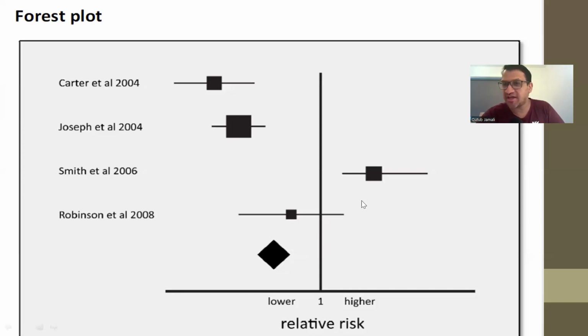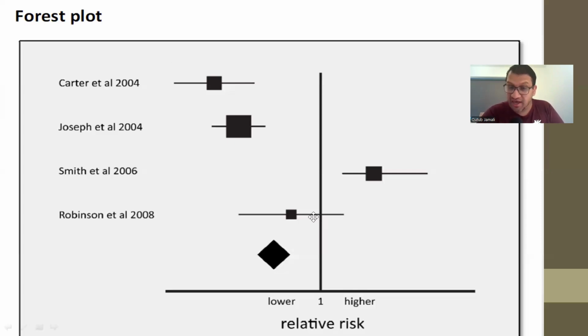So it may be the data is not significant enough. But again, it is all about data here. We don't know whether this could potentially be clinically significant or not. But this is how you read a forest plot, right?